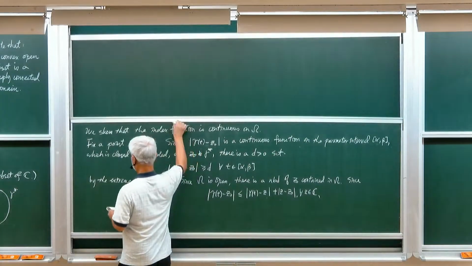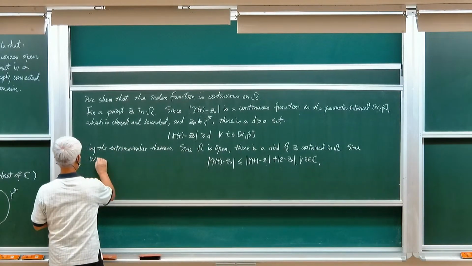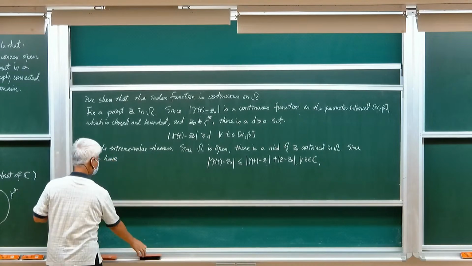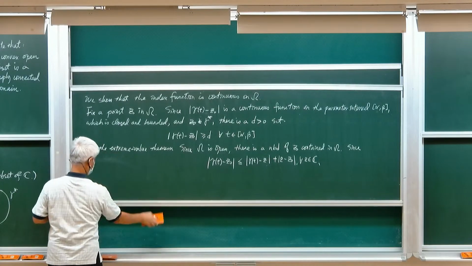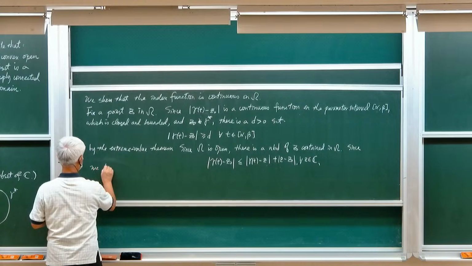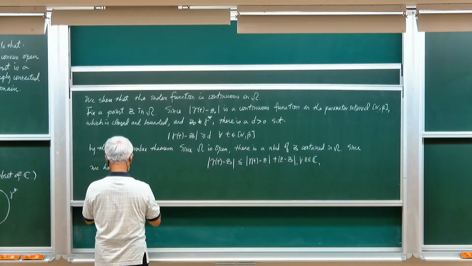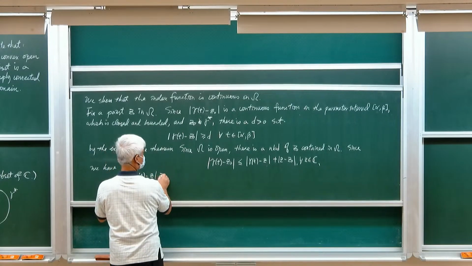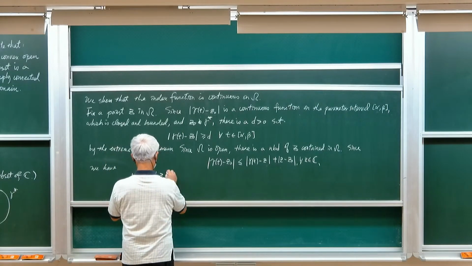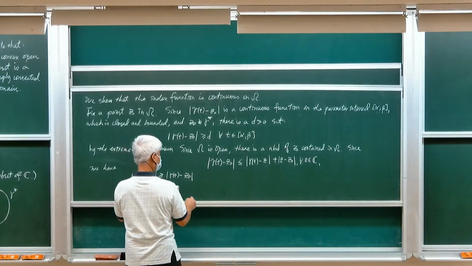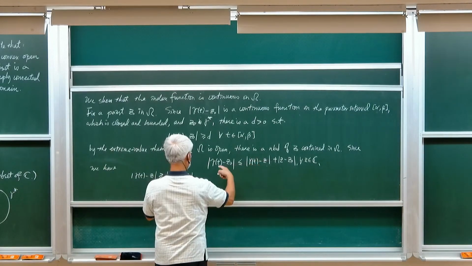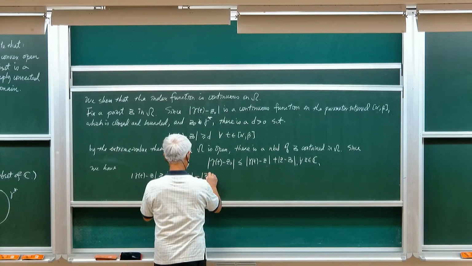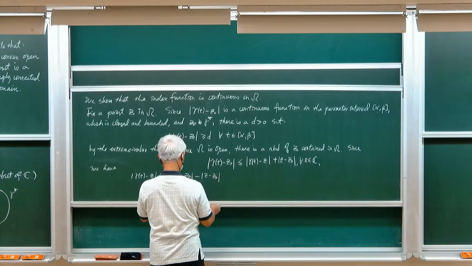So we have that |gamma(t) - z| is greater than or equal to |gamma(t) - z0| minus |z - z0|.